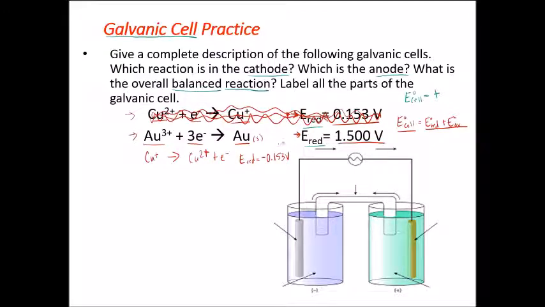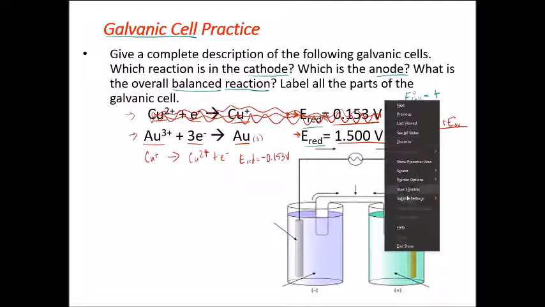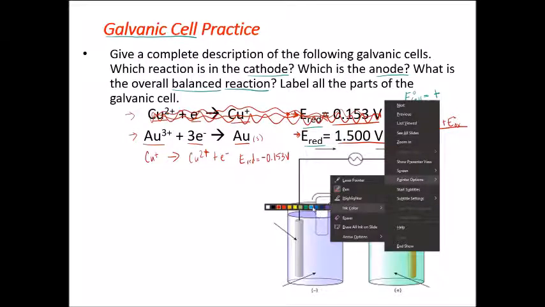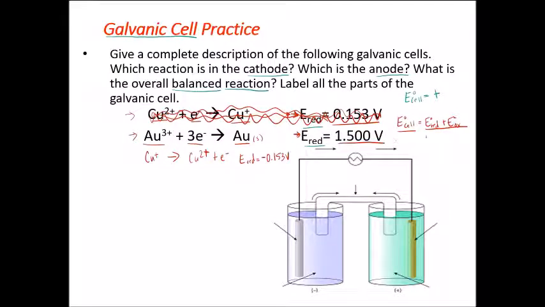So now we can calculate the E cell, right? That was one of the things we need to make sure in order to set this up right. So I'm going to go ahead and do that. Calculate our E cell. So we get the 1.500 plus the negative 0.153 volts here, and this is going to give me my overall E cell, which once again has to be a positive value in order to be a galvanic cell by definition.